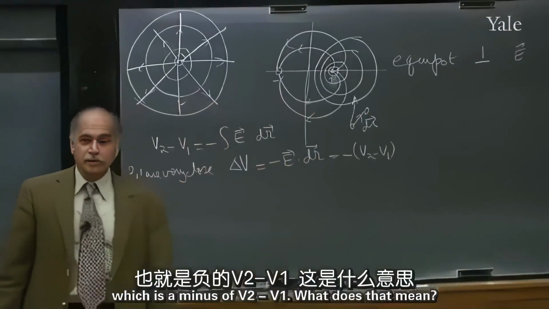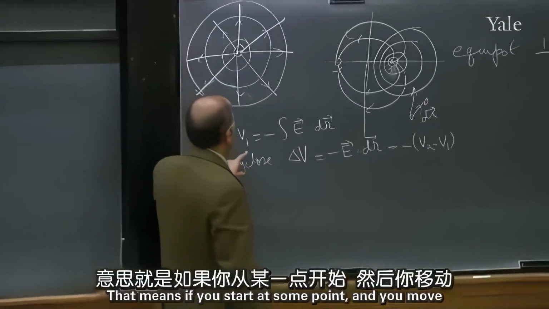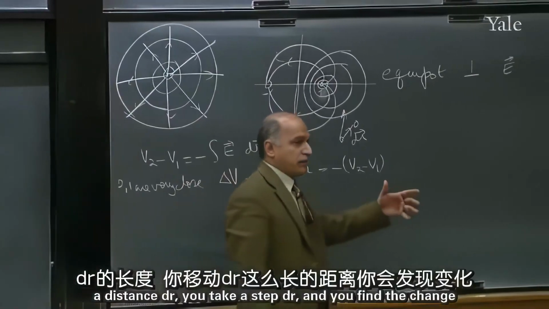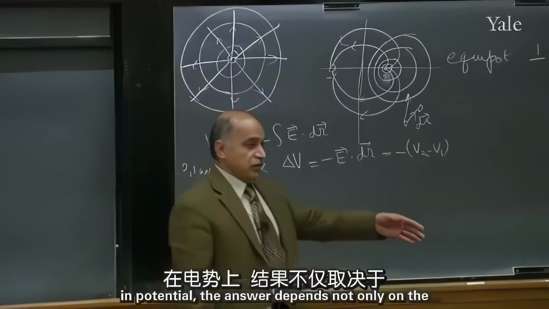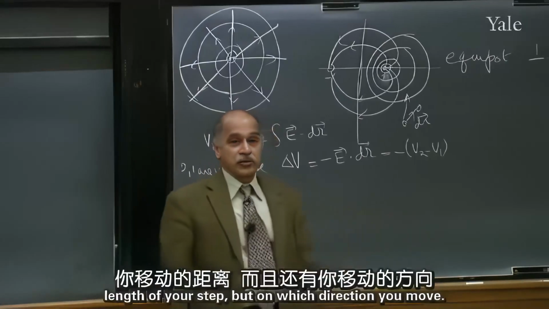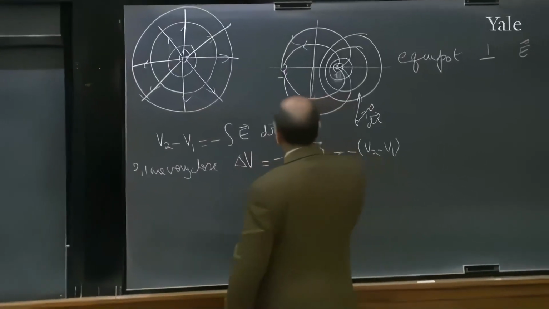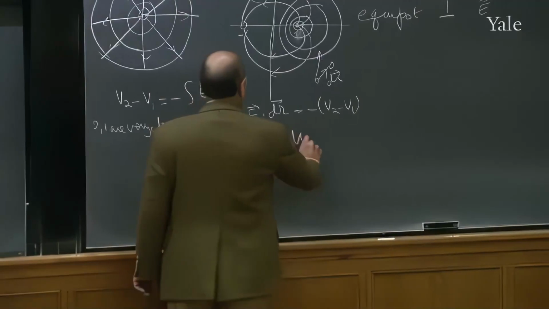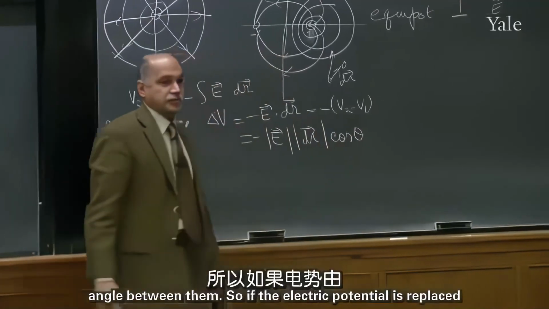What does that mean? That means if you start at some point and you move a distance dr, you take a step dr, and you find the change in potential, the answer depends not only on the length of your step, but on which direction you move. Because of this dot product, the change in potential will be the magnitude of the electric field at that point, the magnitude of the step length, and the cosine of the angle between them.